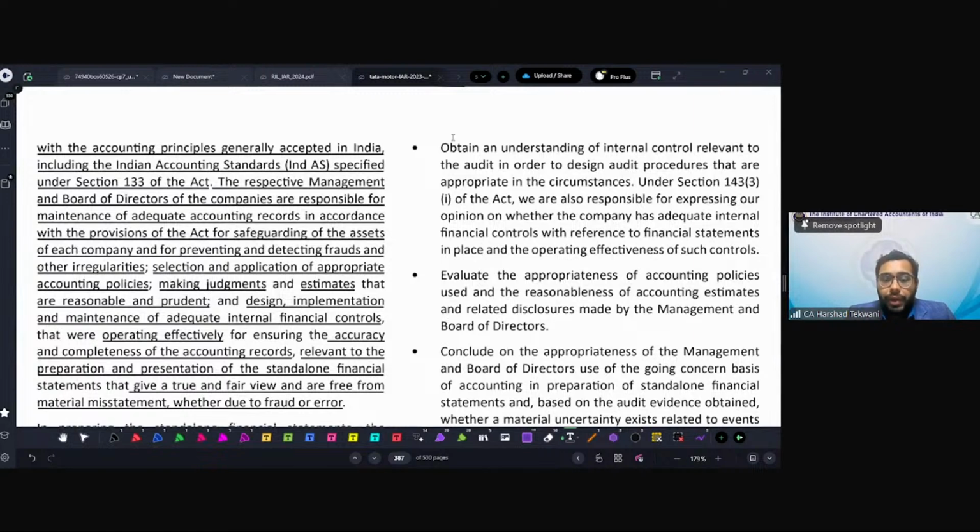Now, if you see this particular paragraph, whatever we have done in terms of SAs, we are specifying only this. For example, estimates. Which was the SA? SA 540. Yes, very good. SA 540. Design, implementation and maintenance of internal controls, where did we discuss the internal controls?